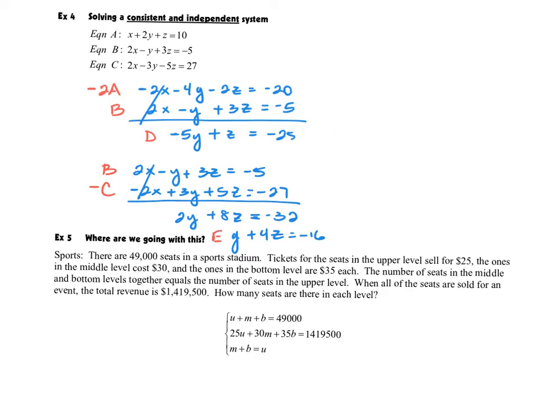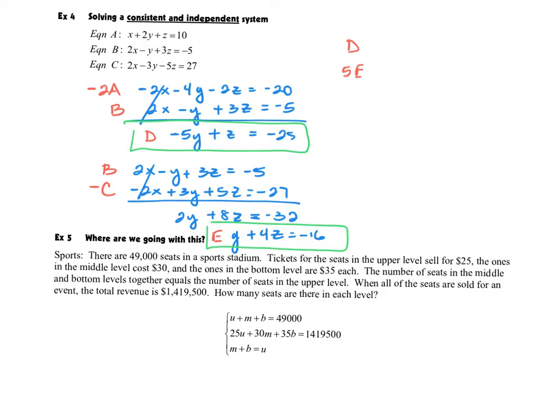Now I'm going to look at equation D and equation E that are both in terms of y and z, and I'm going to think, how can I solve that system of equations? Now I've got a wide variety of choices here, but what I decided to do in the very beginning was take my equation D, and then take equation E and multiply it by 5. What that's going to do is allow me to eliminate these y's. They already have opposite signs.